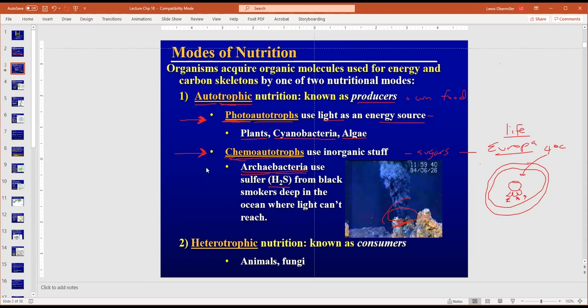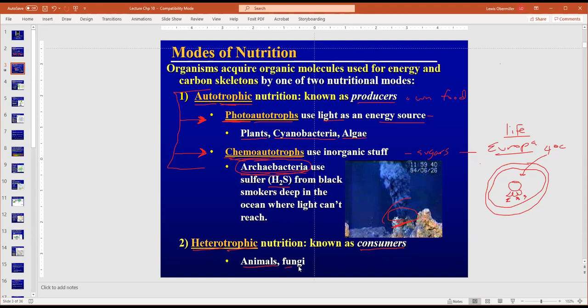Okay, so these are the modes of autotrophs. These are the ways that you can make your own food. You could use light, you can use chemicals. The only thing we know that are chemoautotrophs are these archaeobacteria, but we don't know what we're going to find on other worlds. And then if you can't make your own food, then you're like us, like humans, and that means that you rely on other organisms for your food.